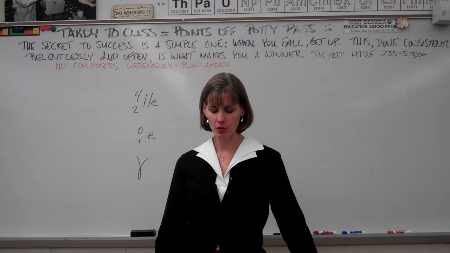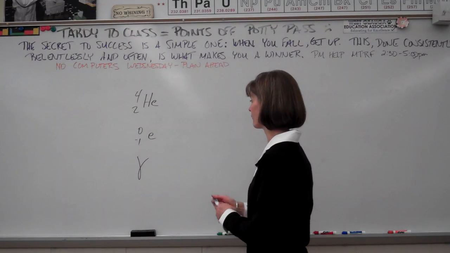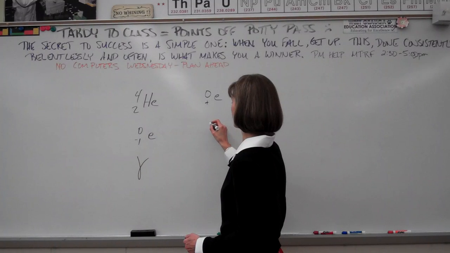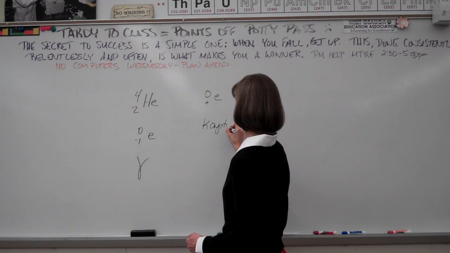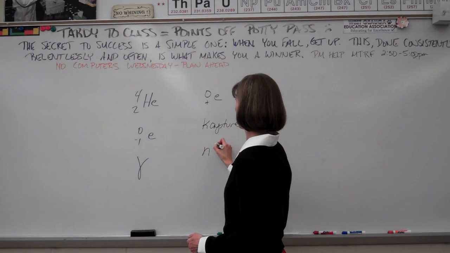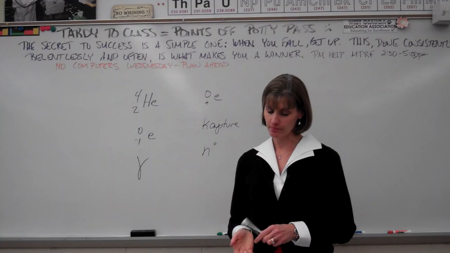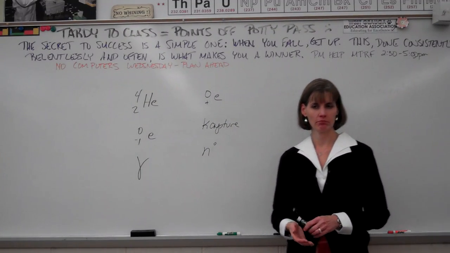Which of all five processes, because we also have our positron and our K capture, and we have neutron bombardment. Which of those does not reduce the atomic number of the nuclide?